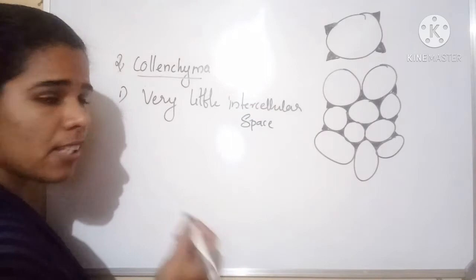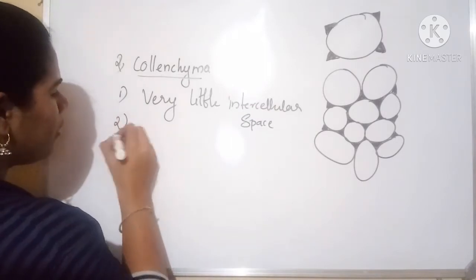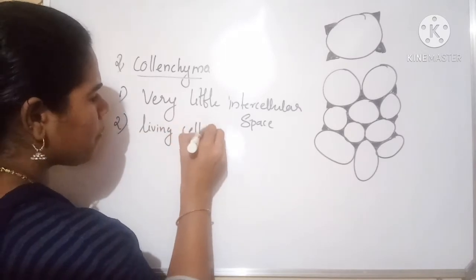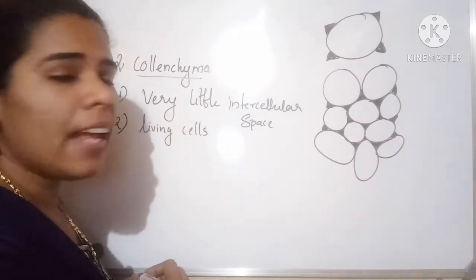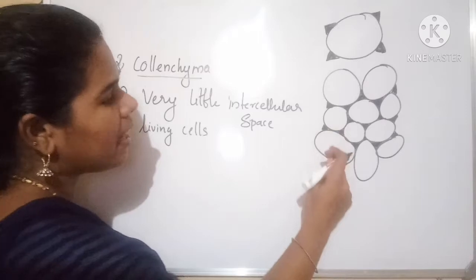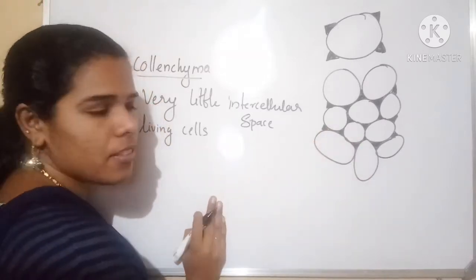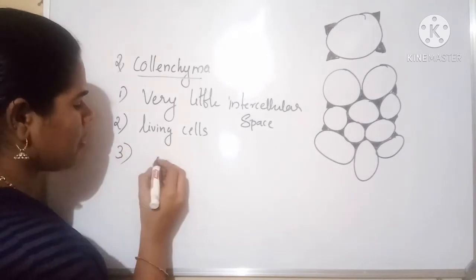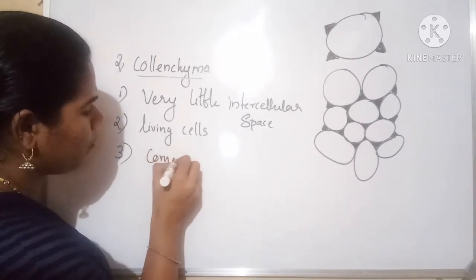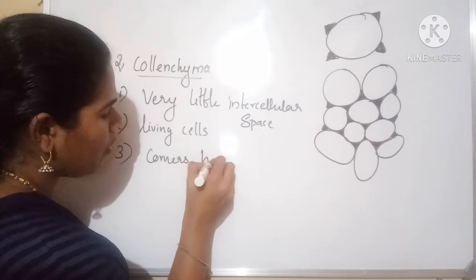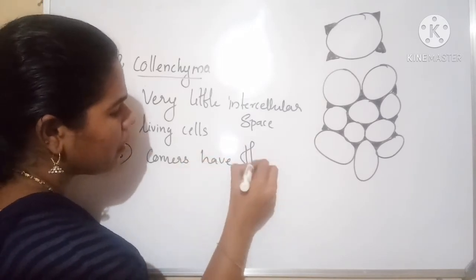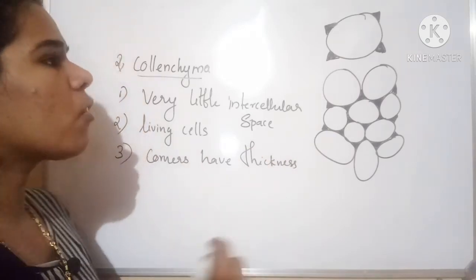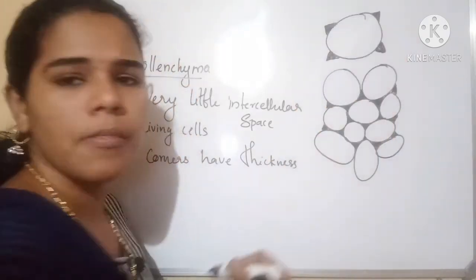They are living cells like parenchyma. And their cell corners are thickened. The corners have thickness.